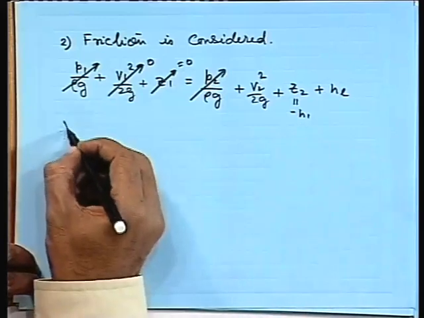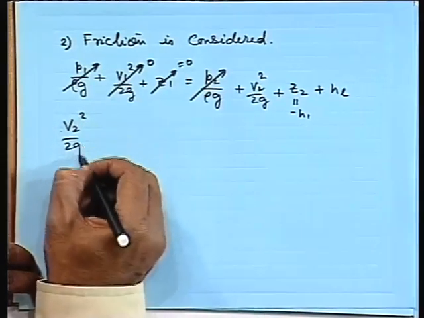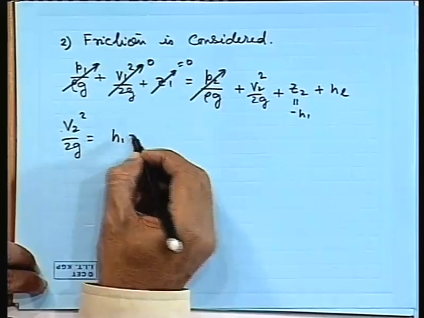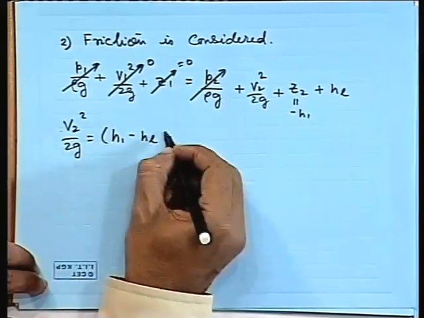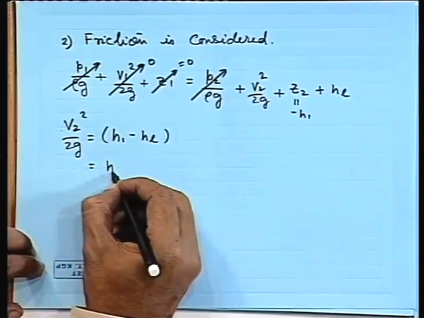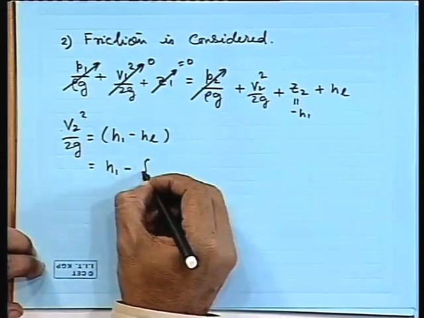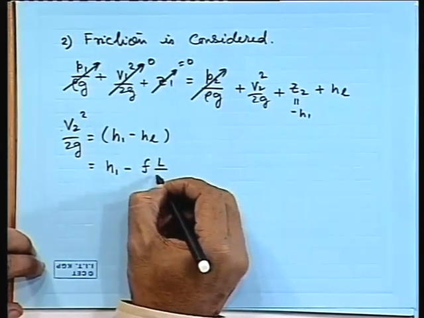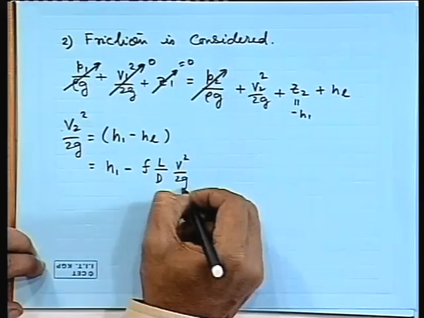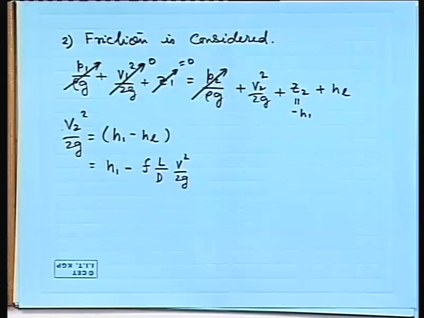So basically V2 square by 2g is equal to H1 minus HL, which is H1 minus f L by D V square by 2g. I know the formula I have written.